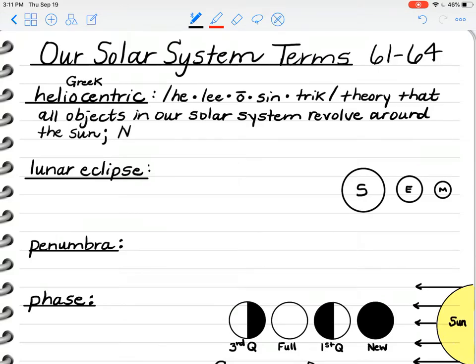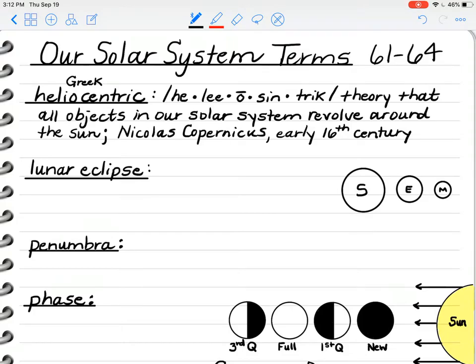And a man named Nicholas Copernicus in the early 16th century said, "You guys have it wrong. The sun is not moving around the earth, the earth is moving around the sun." And a lot of people hated Copernicus. They thought he was a heretic and that he should be killed because he was teaching something that they did not believe to be the truth.